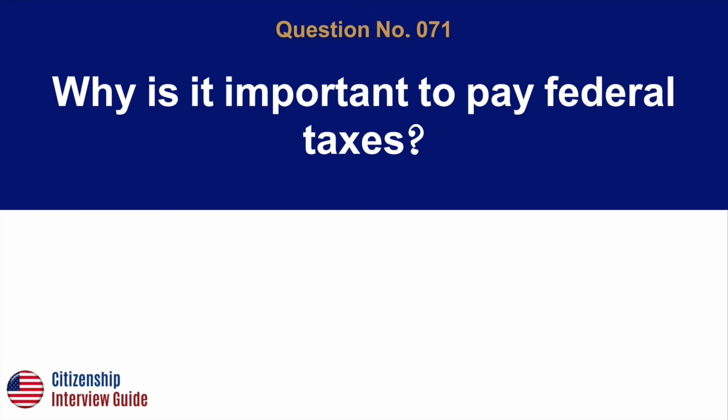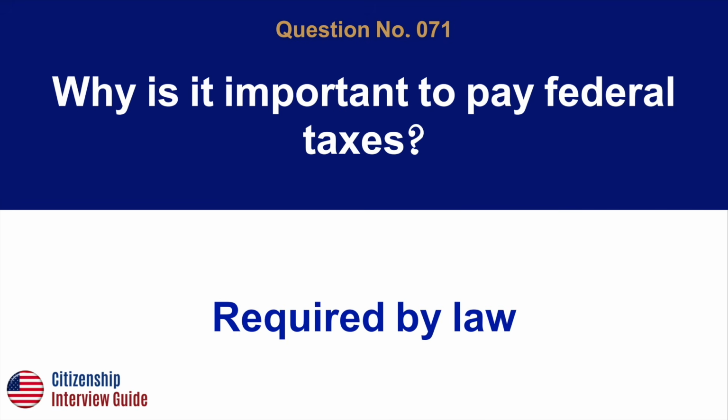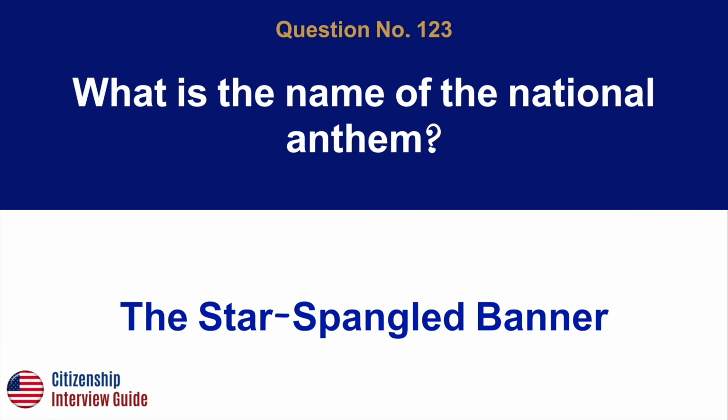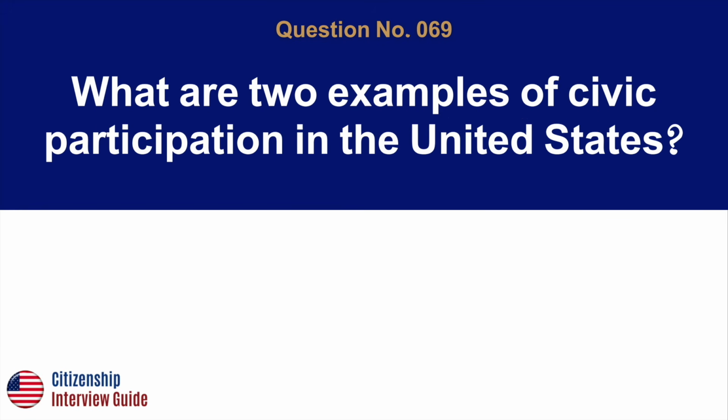Why is it important to pay federal taxes? Required by law. What is the name of the national anthem? The Star-Spangled Banner. What are 2 examples of civic participation in the United States?